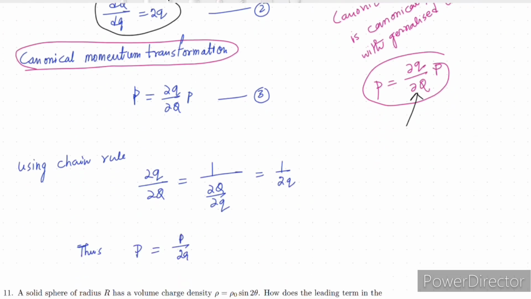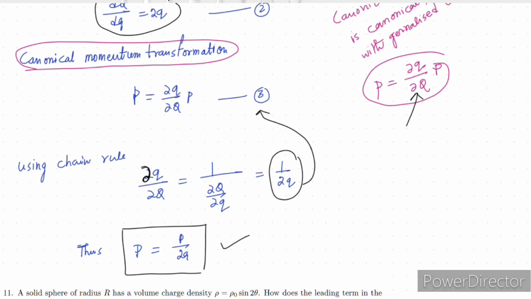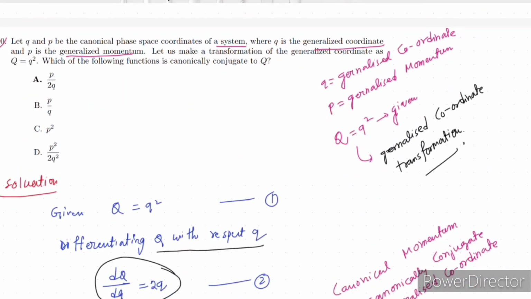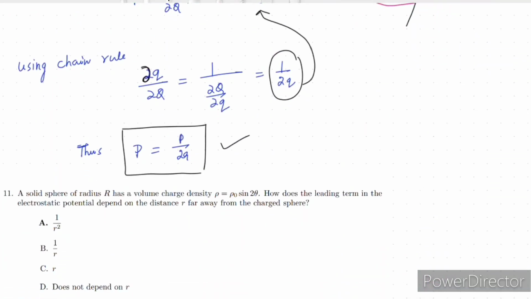Now from the chain rule, del q upon del Q equals 1 upon del Q upon del q, and that value is equal to 1 upon 2q. Now substitute this value in equation 3, and we get the canonical momentum transformation equal to p upon 2q. This is the answer. So this canonical momentum is canonically conjugate with capital Q.